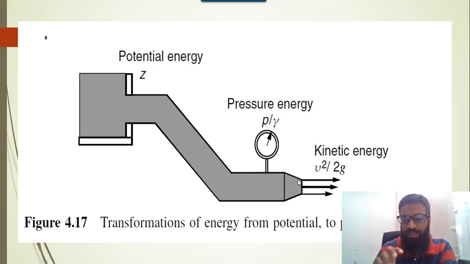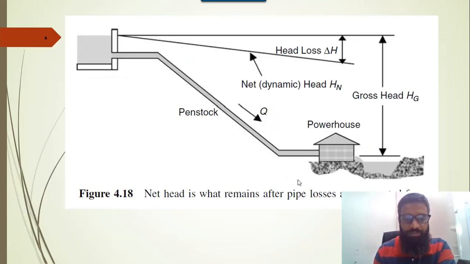Because the diameter of the nozzle is less than the diameter of the pipe, water comes with certain pressure, and that is called kinetic energy, and due to that we rotate the turbine. So this is the complete structure of a micro hydro power plant.